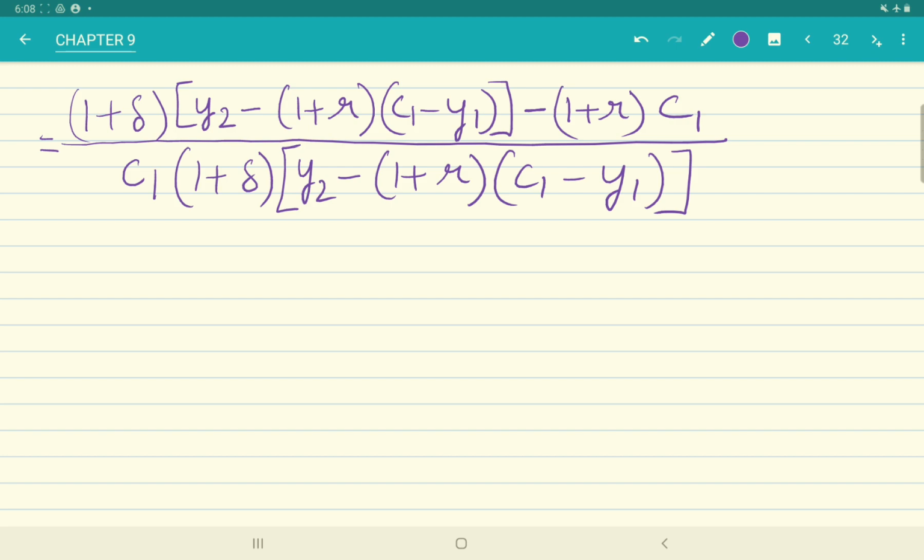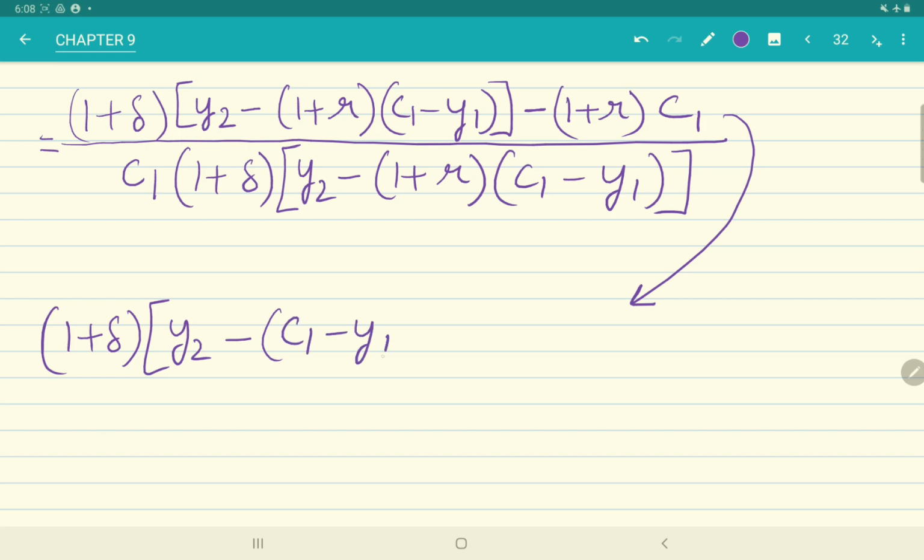So I take up the numerator separately, and I would like to rearrange the numerator. The point that I'm trying to make is that I want to rearrange the numerator. It will take a little time, but it will give us 1 plus delta times y2 minus, and we open up this, y2 minus c1 minus y1 plus rc1 minus ry1, and then minus (1 plus r) c1.